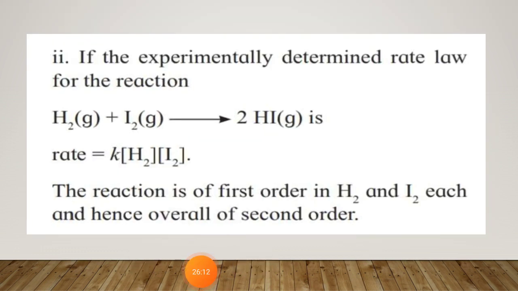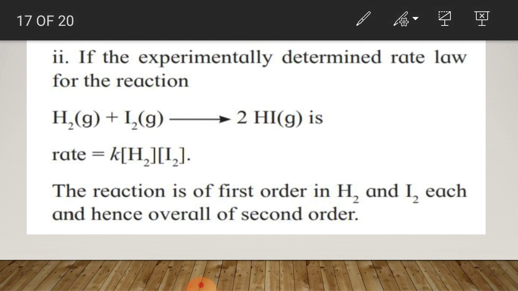Next example. If the experimentally determined rate law is for the reaction H2 plus I2 gives you 2HI, the rate of the reaction is rate equals K[H2][I2]. Nothing has been raised over here, it means x is equal to 1, y is equal to 1.